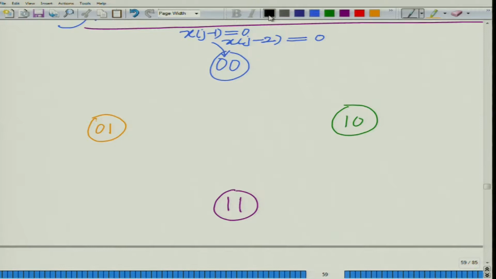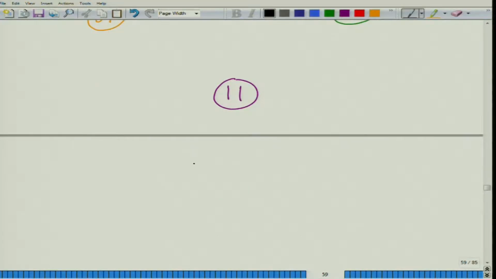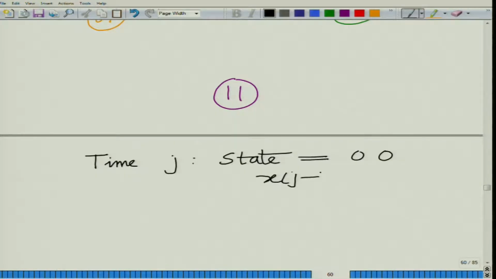Okay. Now let us look at the transition. Now let us say we get the information bit 1. Now if the information bit 1 arrives, let us say xj equal to 1. We have time instant j, and the state is equal to 0 0, which means xj minus 1 equals 0, xj minus 2 equals 0.